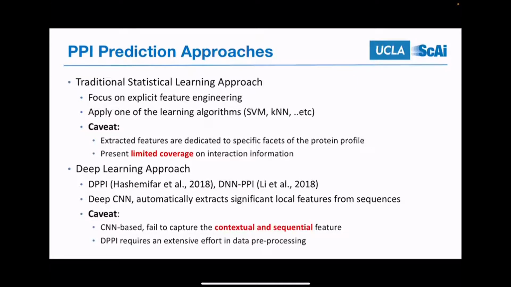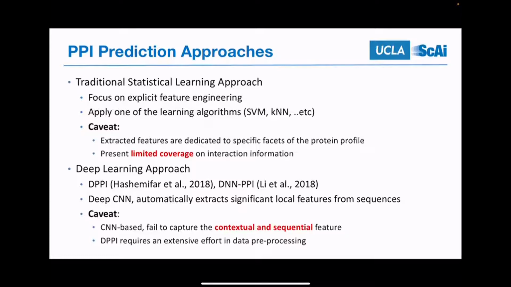Which means that if the features used as input to the model have limited coverage of all the important aspects of protein-protein interaction, then the model itself would carry that limitation.